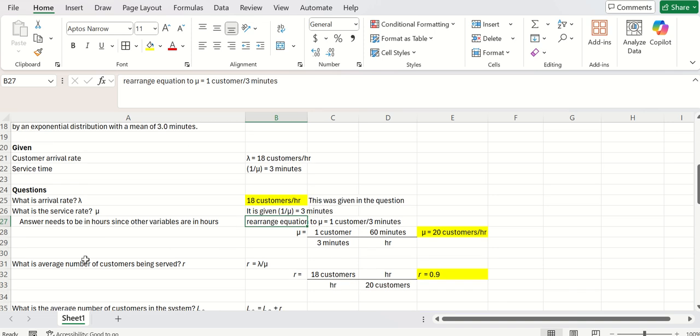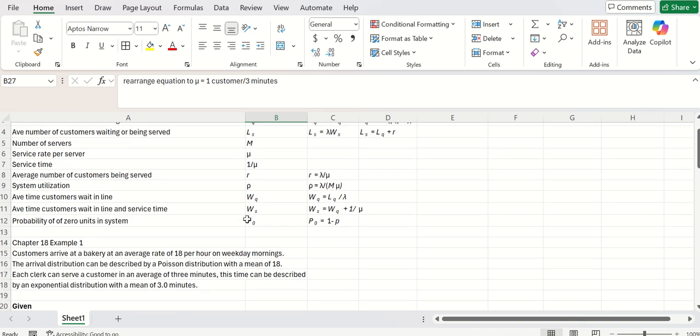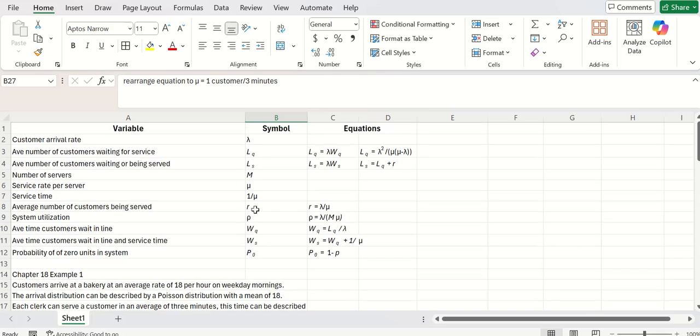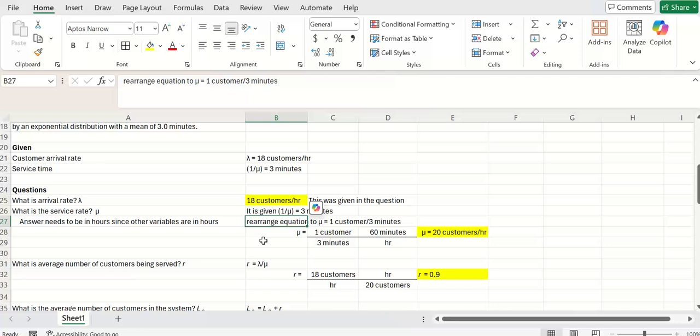What's the average number of customers being served? This little r, we calculate that by coming up here. We notice that for the average number of customers being served, here's an equation for it. That is the customer arrival rate divided by the service rate.